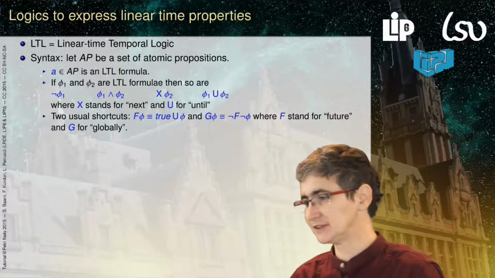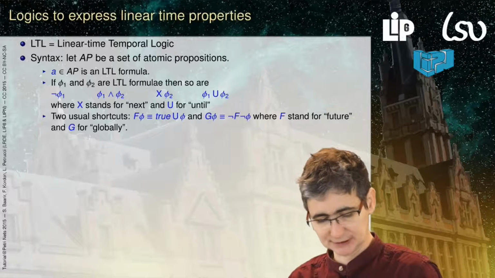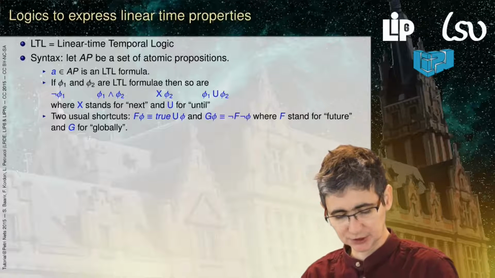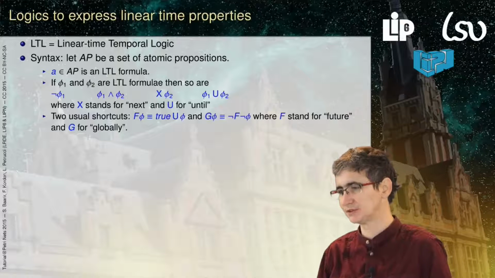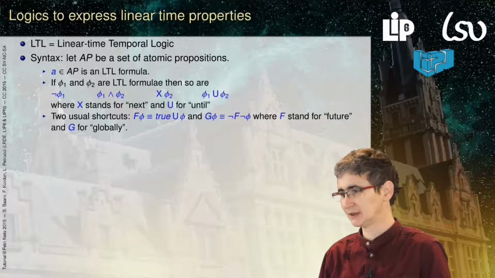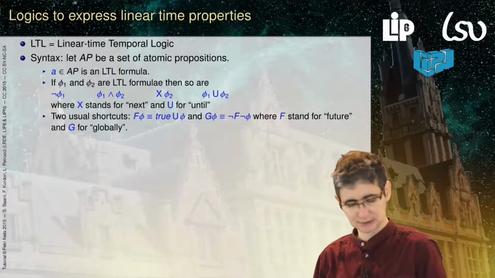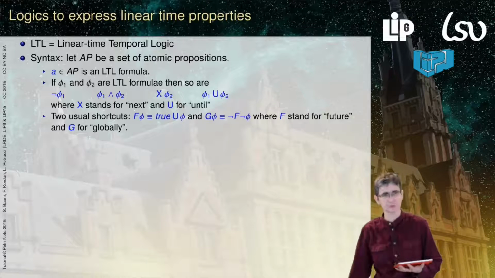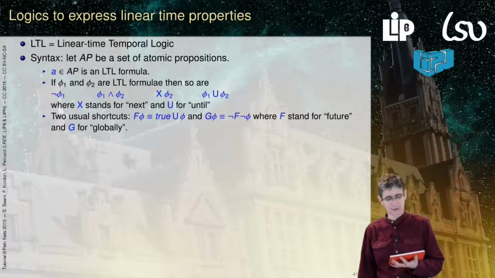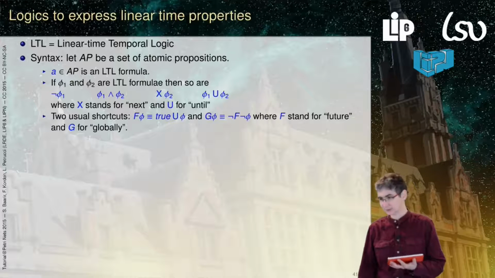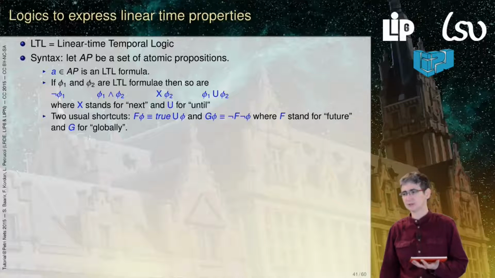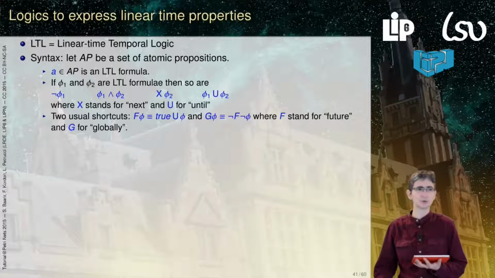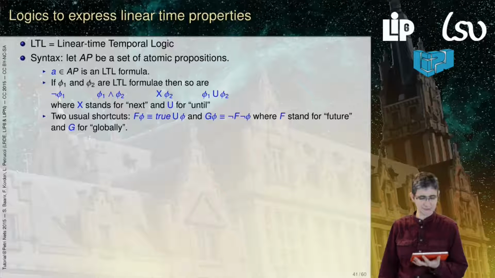As concerns the syntax of this logic, we'll start with a set of atomic propositions, AP, and if we have a formula A in AP, that is an atomic proposition, it's an LTL formula. And if you have 2 LTL formulas, phi1 and phi2, you can construct more elaborate LTL formulas from them.